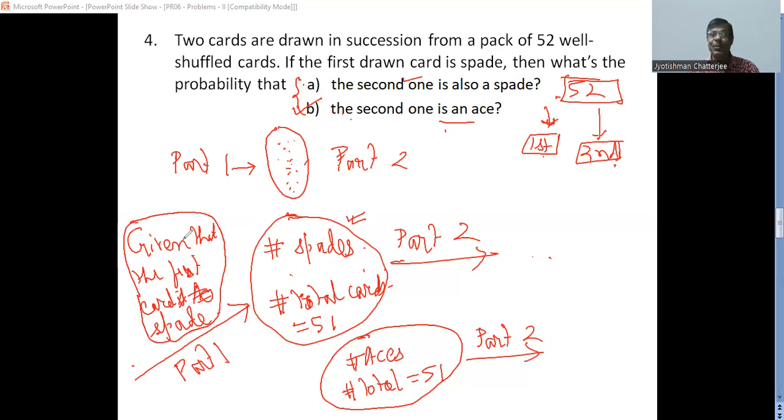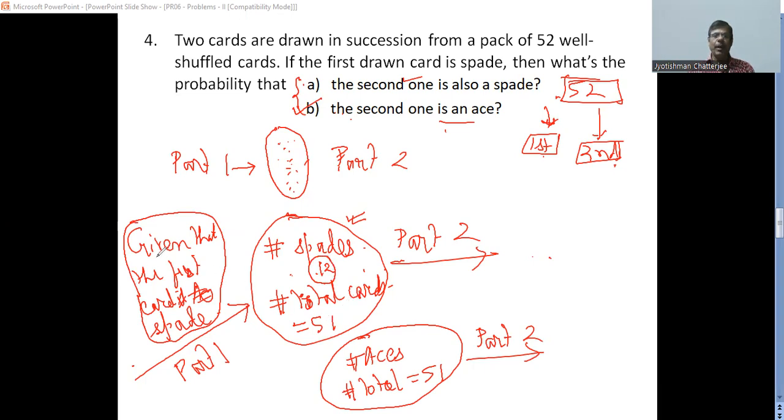So no matter which spade card is picked up, there are altogether 13 spade cards, starting from 2 to 10, then Jack, Queen, King, and Ace. No matter which one is picked up, we are left with the same configuration. The number of spades will be equal to 12. Now we can write down this number, and total number of cards is 51.